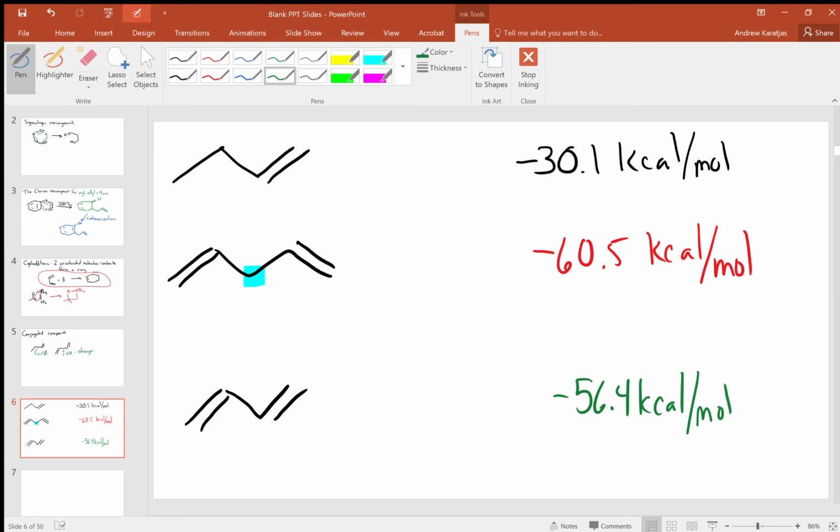In fact, about 4 kcals per mole lower than when we just have two alkenes. And so again, that shows us that this idea of conjugation is a stabilizing effect. All right, so why is that? Well, there's a lot of reasons that we can go into, and we're just going to get into a couple of those reasons here.